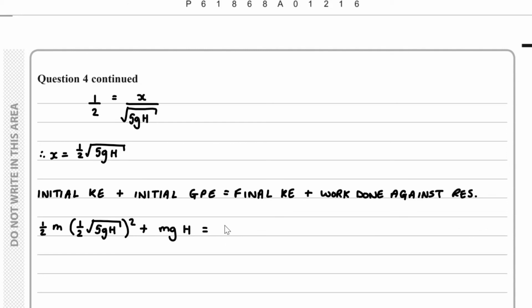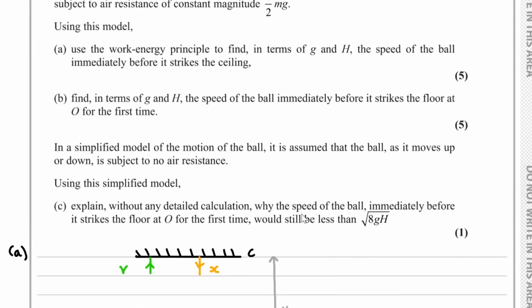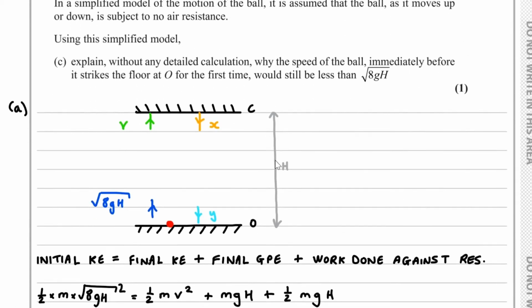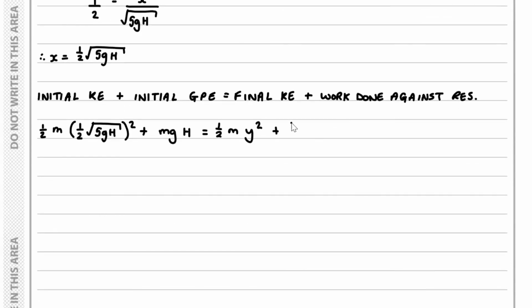This is equal to 1/2 m times by y squared plus, well, the resistive force is equal to 1/2 mg. We multiply that by the distance it's travelling, so we've got 1/2 mgh. Well, the m's cancel out and we need to find out what y is.